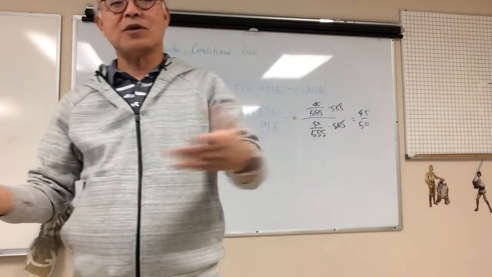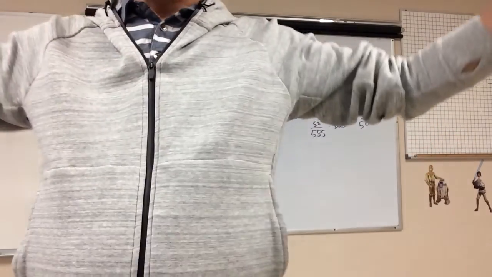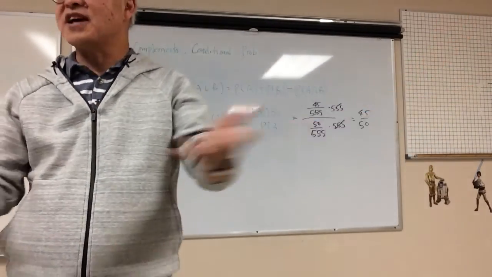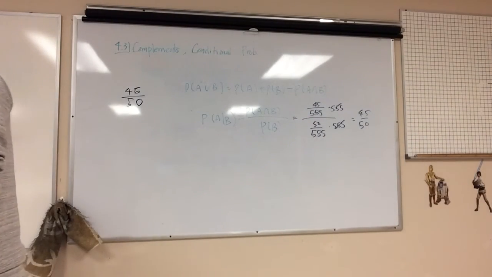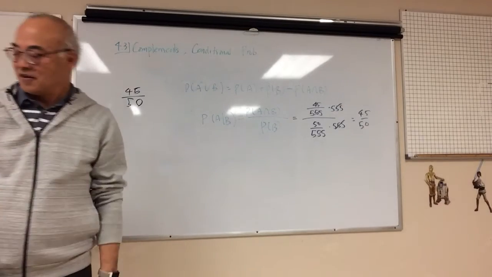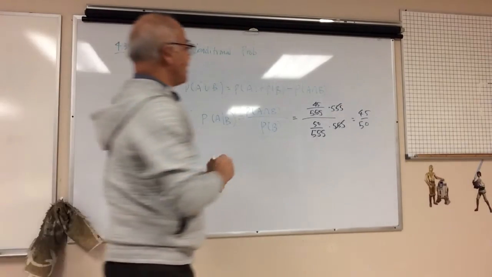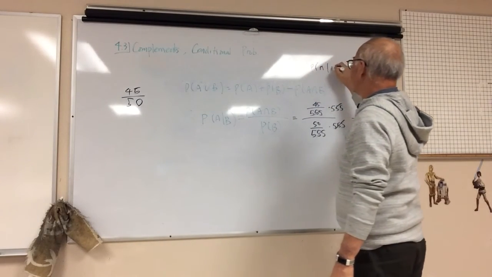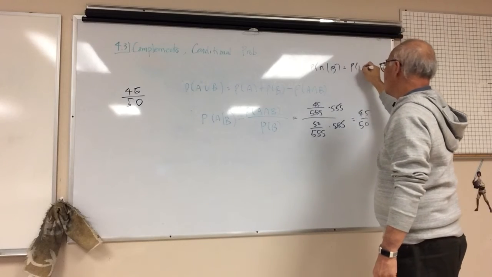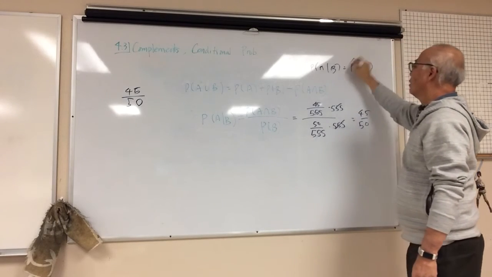So it's 0. You understand why? It's 1 over a billion seconds or whatever, I don't know how many. In other words, rarely is it that P of A given B would be equal to P of B given A.